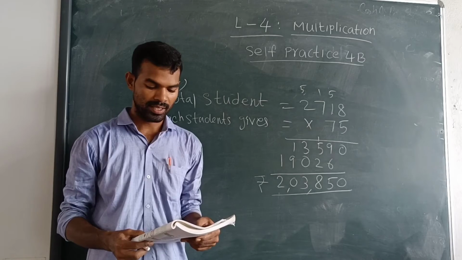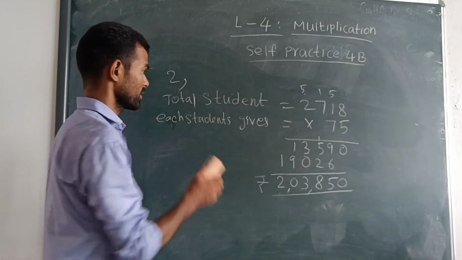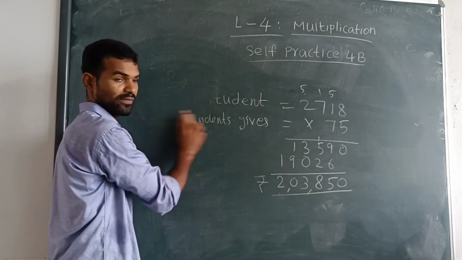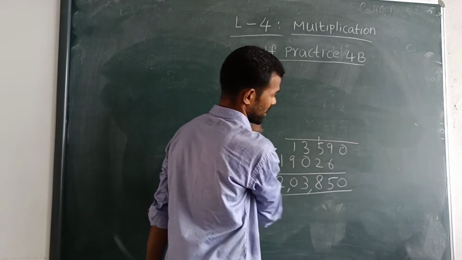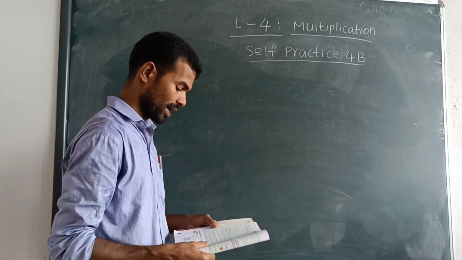How many planes depart in a year? So children, you know, in 1 year we have 365 days. So multiply 150 into 365. That is the answer.